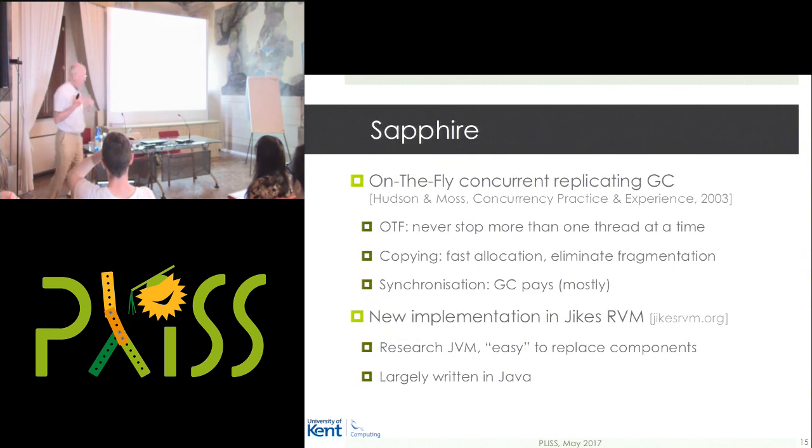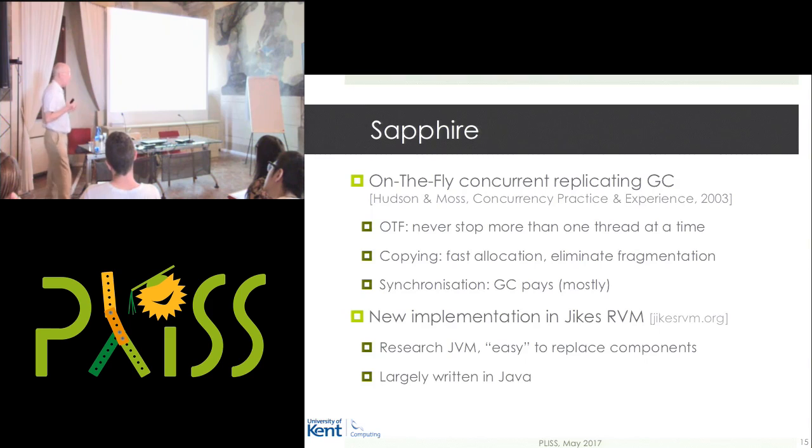If you've got mutator threads running at the same time as collector threads, you've got a problem of synchronization. You've got to make sure that both the mutator threads and the GC threads have a coherent and consistent view of the heap, or at least eventually.